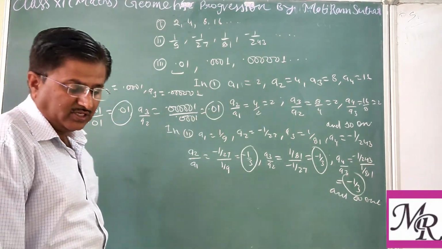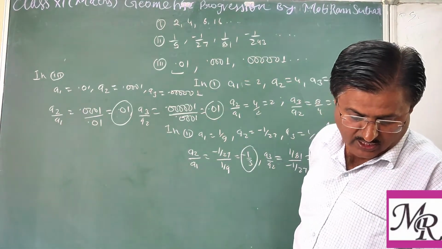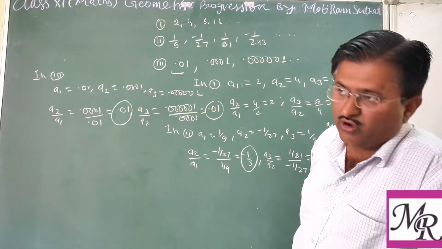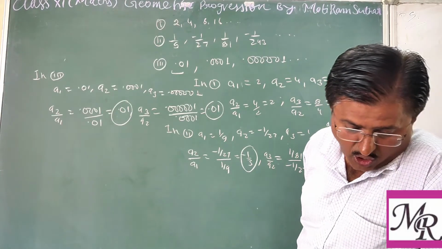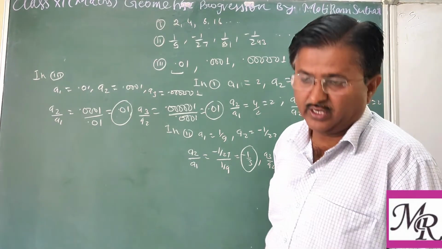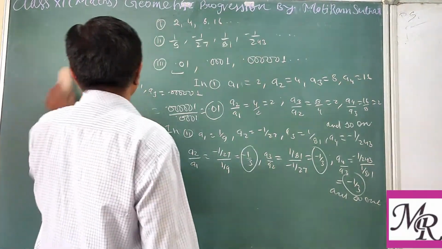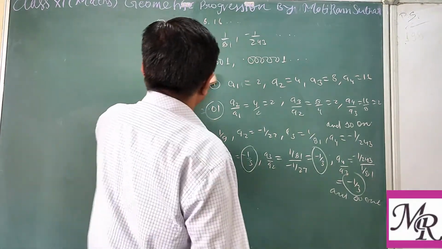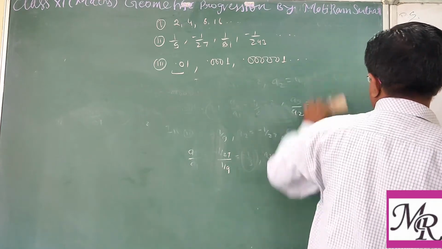So all these examples are geometrical. Such a sequence is called a geometric sequence or geometric progression.